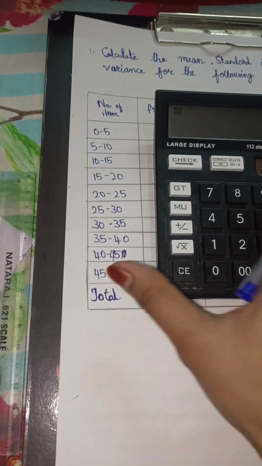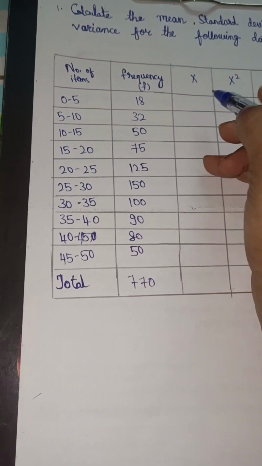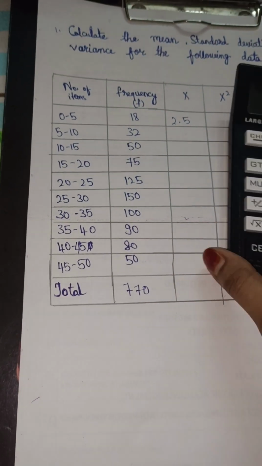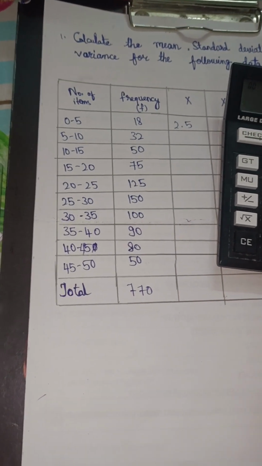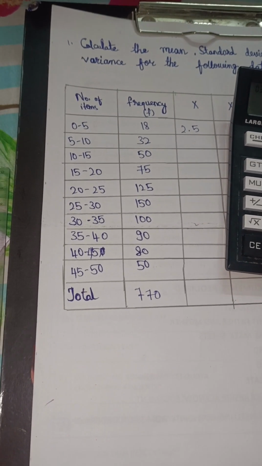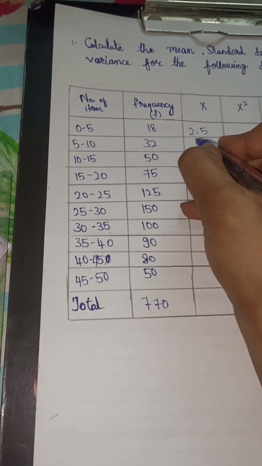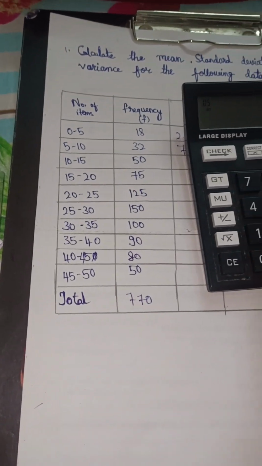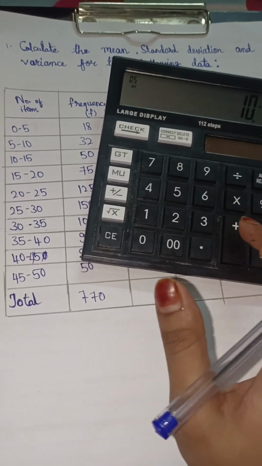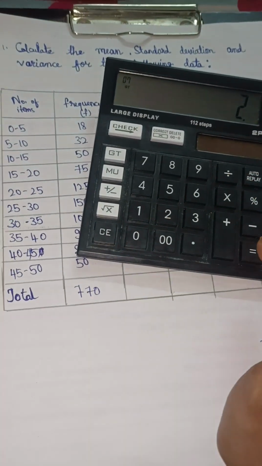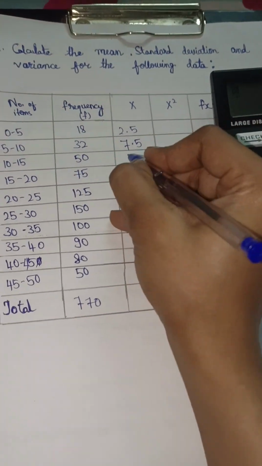So let's proceed further. So the first term is 2.5. Okay, so the next is 5 plus 10 divided by 2, which is 7.5. 10 plus 15 divided by 2 is 12.5.